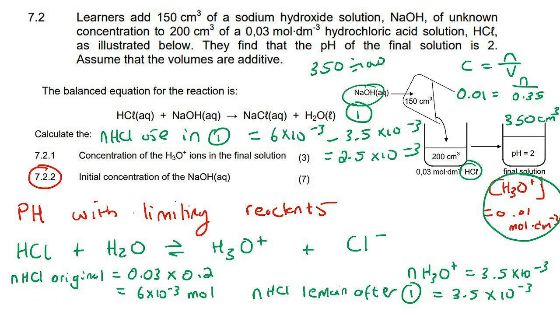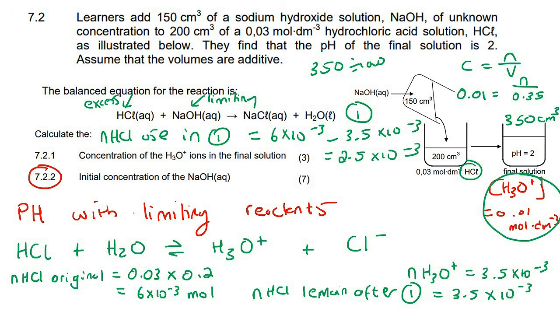Okay, so now we know how many moles of HCl were used in this reaction. Now, we know that this one was the excess because there was leftovers. So that means this one is the limiting. What do we know about the limiting reactant? We use all of it. So now we can look at this reaction, which is already balanced.